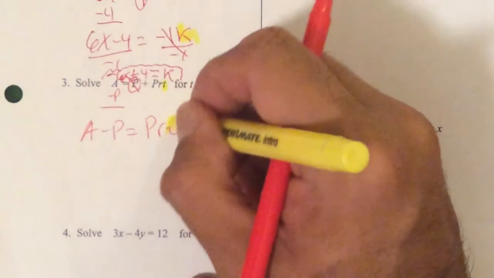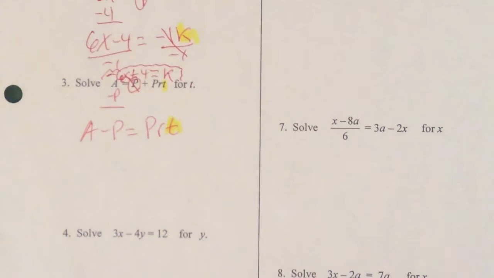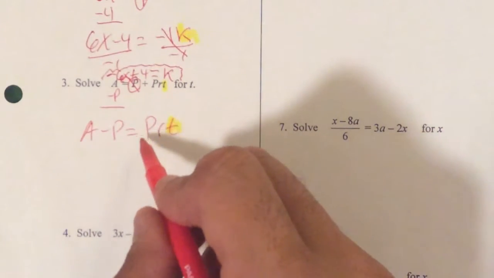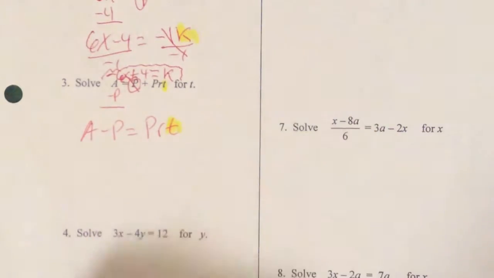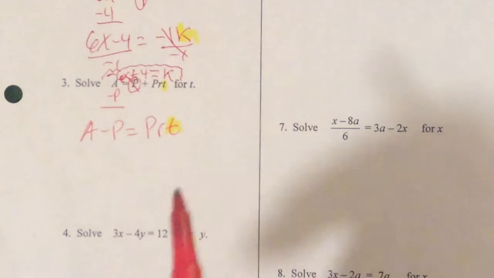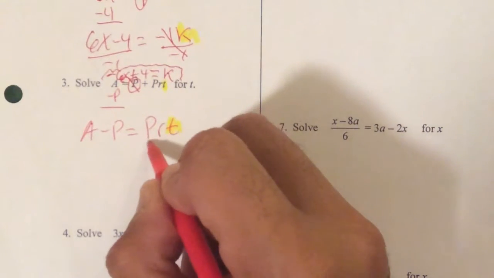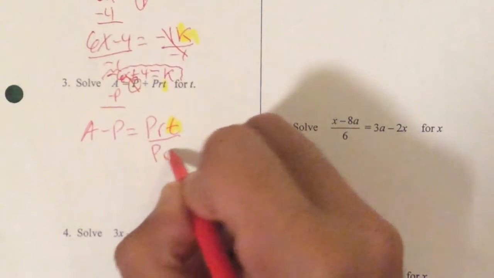Now I need to be able to move the p and the r. And if you notice, the p and the r are all being multiplied with the t. So really, if you wanted to, you could say divide by p and then divide by r as 2 different steps. But because everything's being multiplied, it's just easier to move the p and the r together. Because p and r are being multiplied, the opposite of multiplying is dividing.